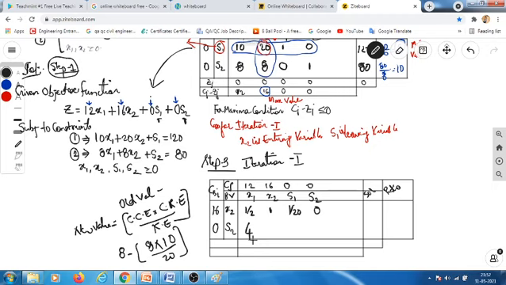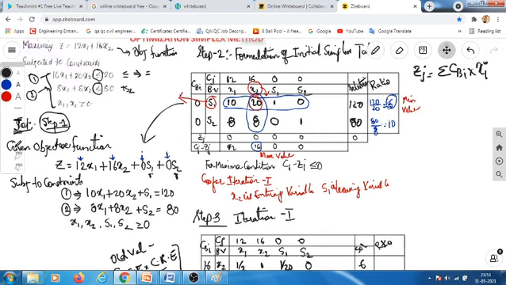Similarly, on repeating these calculations, we will get 0 over here, minus 2 by 5 over here, and 1 over here. This value was 6, from the initial first table.